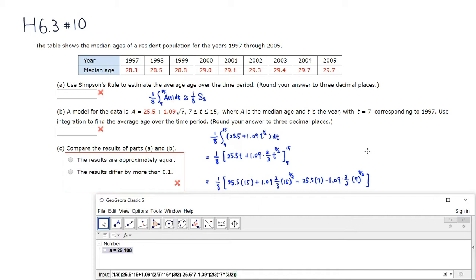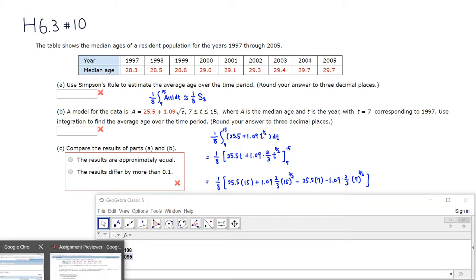So I'm going to hit enter. It came out to be 29.095.